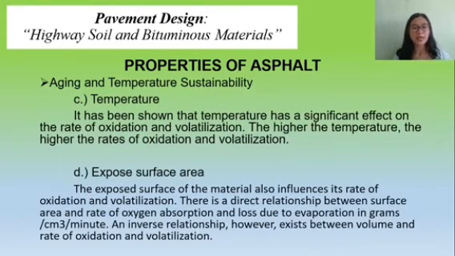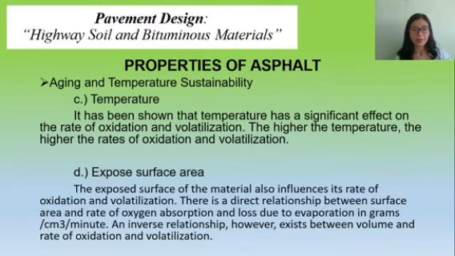Next, we have the temperature. It has been shown that the temperature has a significant effect on the rate of oxidation and volatilization. The higher the temperature, the higher the rates of oxidation and volatilization. The last one is the exposed surface area. The exposed surface area of the material also influences its rate of oxidation and volatilization.